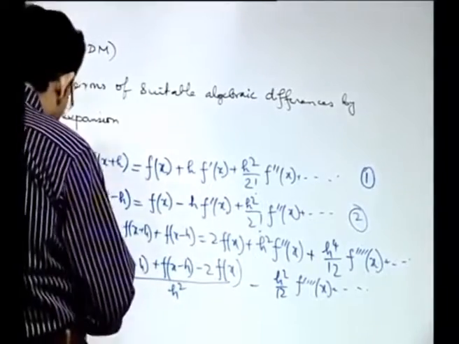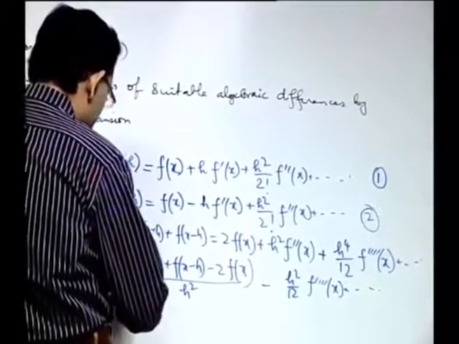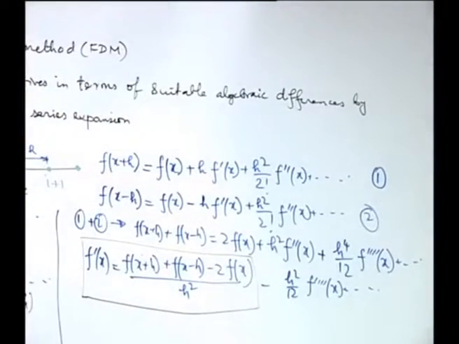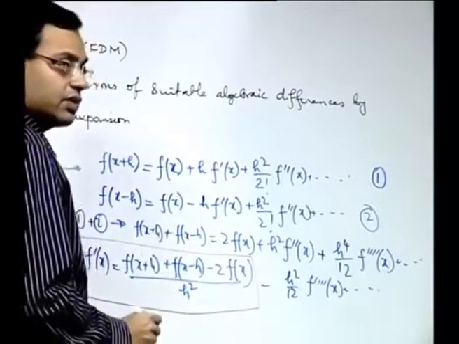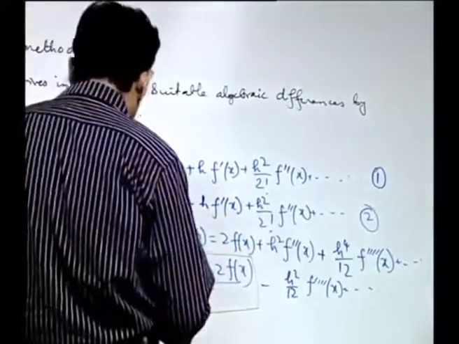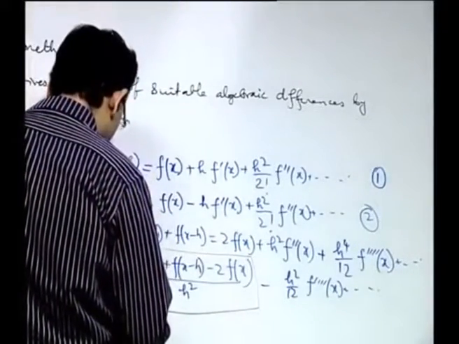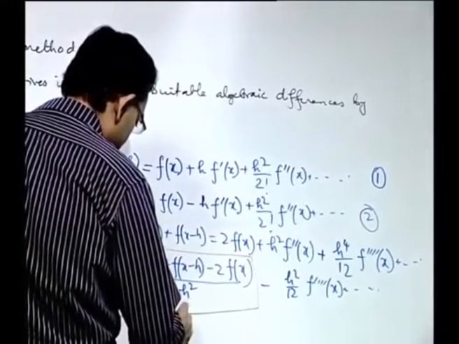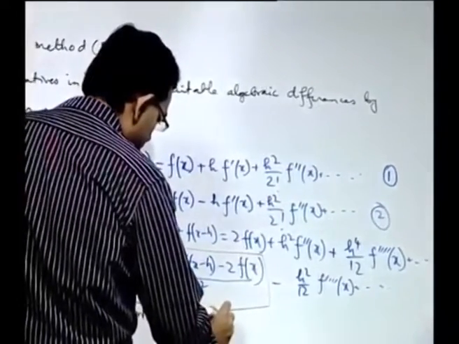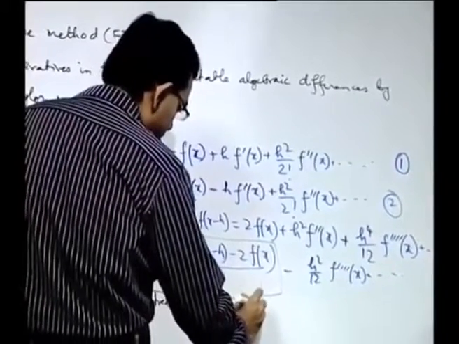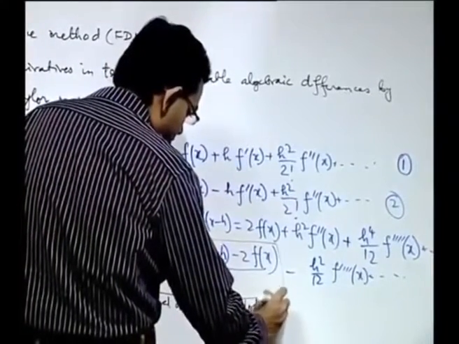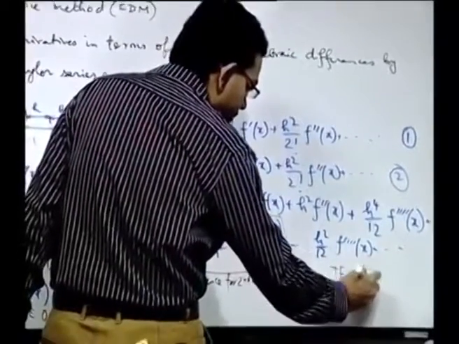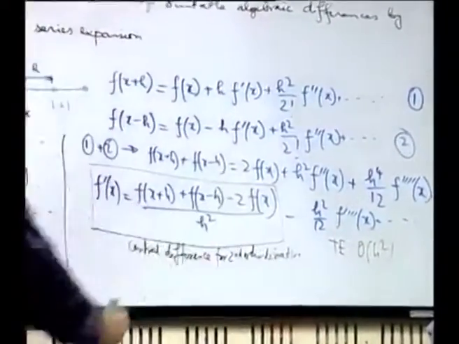This formula, where you can truncate up to this term, is known as the central difference for the second order derivative, and the truncation error is of the order of h square.